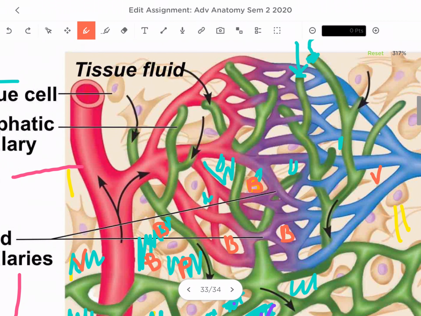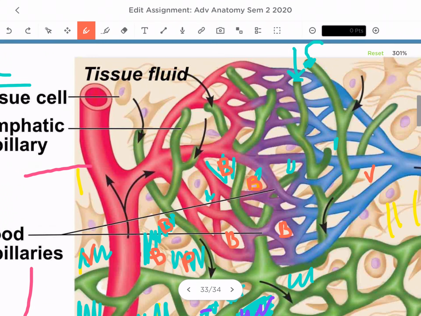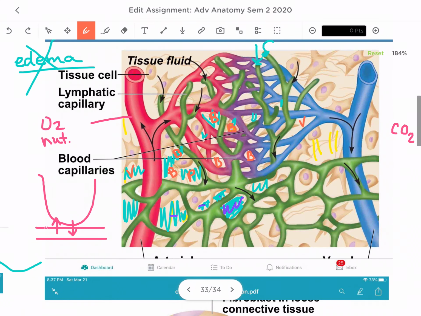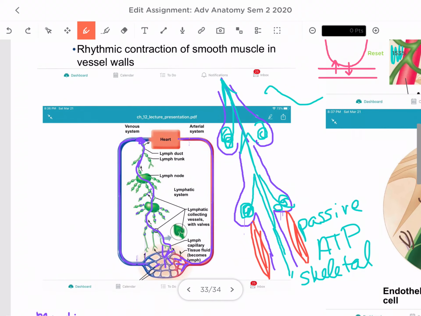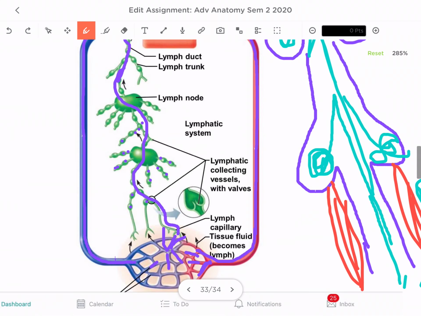Or maybe, we'll just go with bacteria. So they leak out into the interstitial space too from the blood, and then the lymphatic system soaks them up. And there's this check and balance system all the way back to the heart. So as this lymphatic system is, oh yeah, here's my valves. That's what I was trying to draw over here. So there you go.